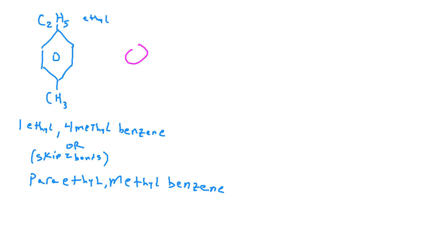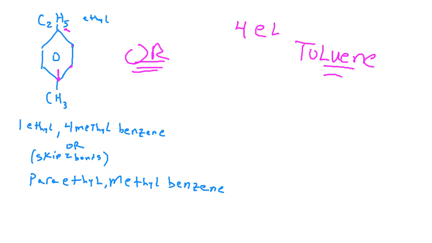Or, now if I want to call this thing toluene, that forces this to be carbon 1, because that's what defines toluene. That means that this guy then is on carbon 4. It doesn't matter which way we go, 2, 3, 4. So this would be 4-ethyl toluene.